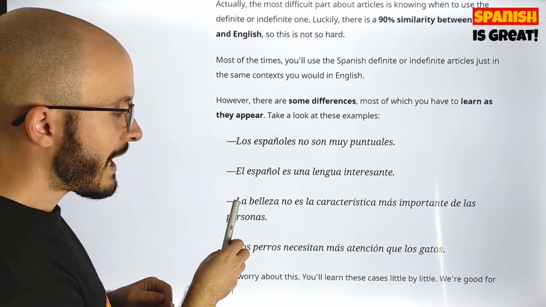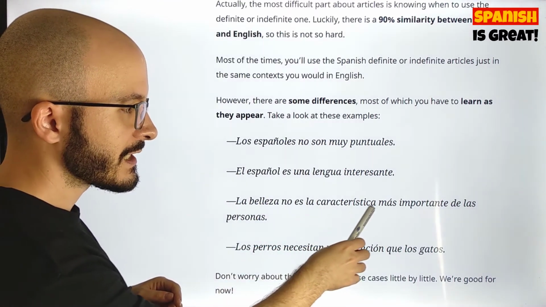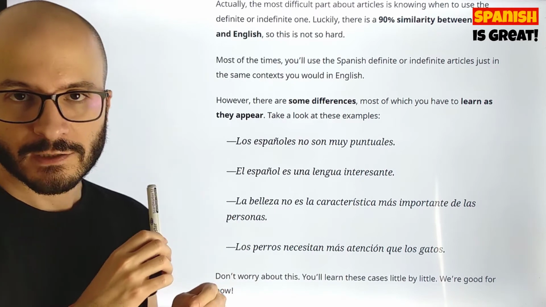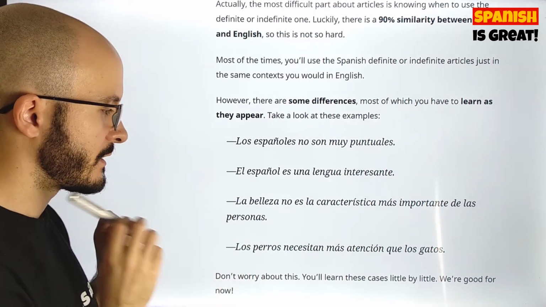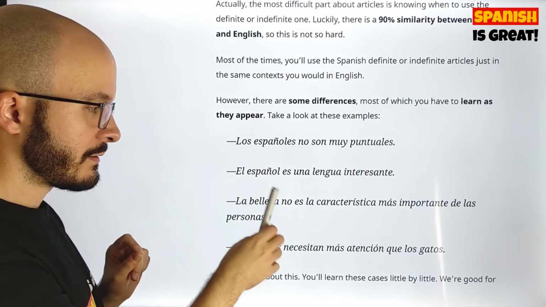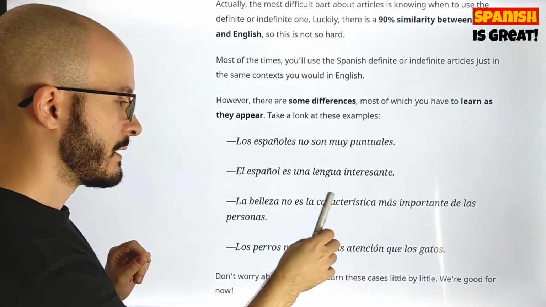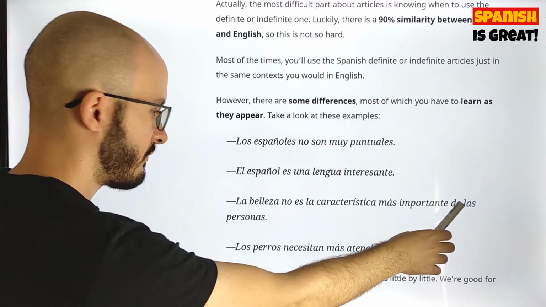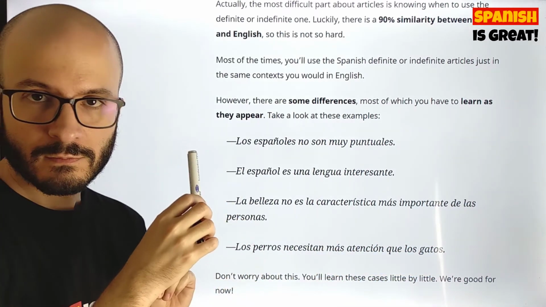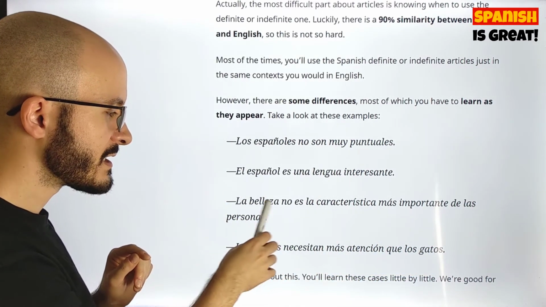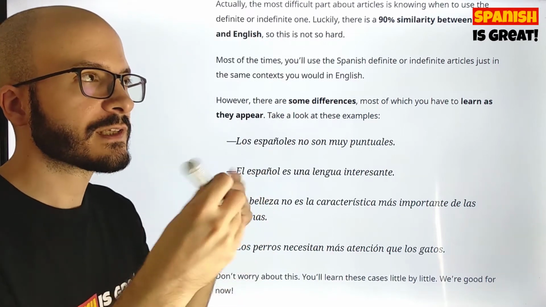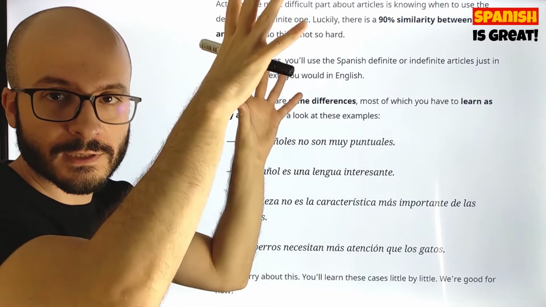Then, for example, la belleza no es la característica más importante de las personas. Okay, so we would translate this: Beauty is not the most important characteristic of people. So we see that we have this la belleza, beauty. No, beauty is an abstract concept.